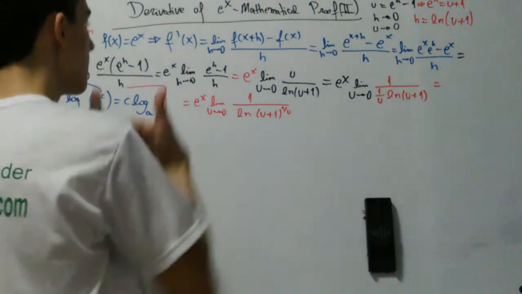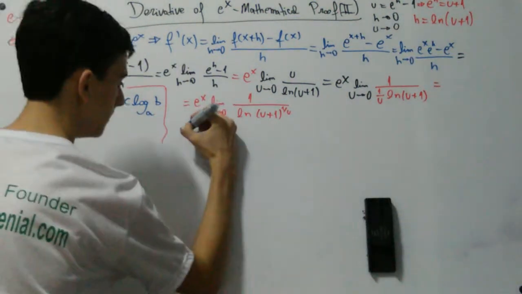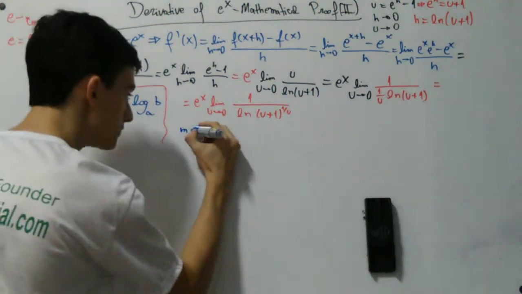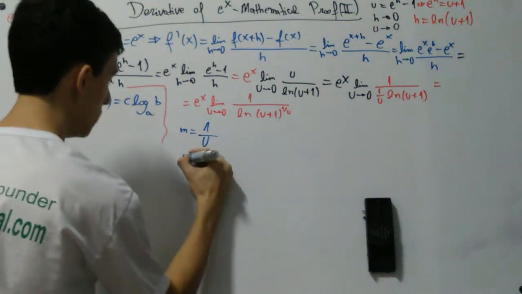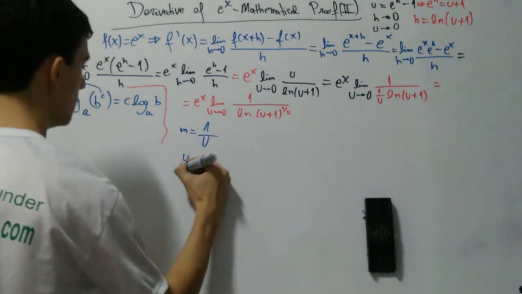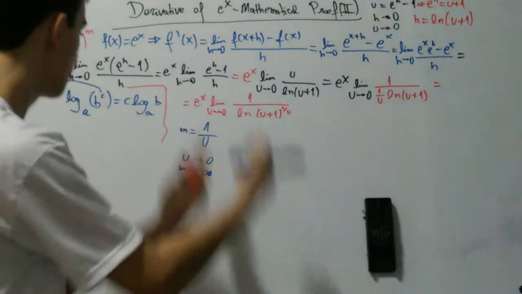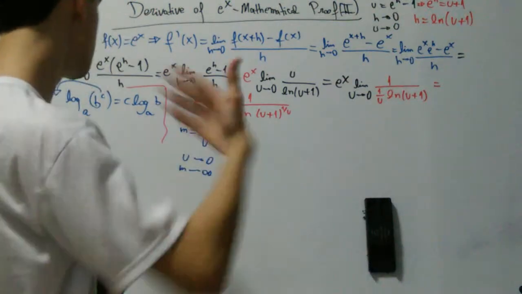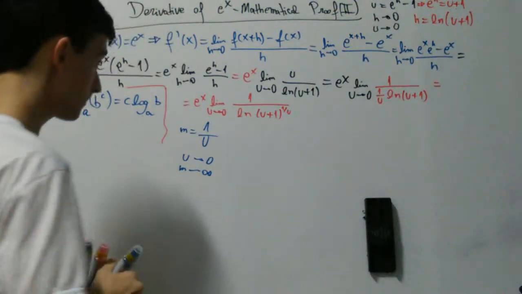And now we're going to use another variable. Let's create the m variable. So m is going to be equal to 1 over u. We can see easily that when u approaches 0, m approaches infinity. When u gets closer and closer to 0, m gets bigger and bigger. So when u approaches 0, m approaches infinity.